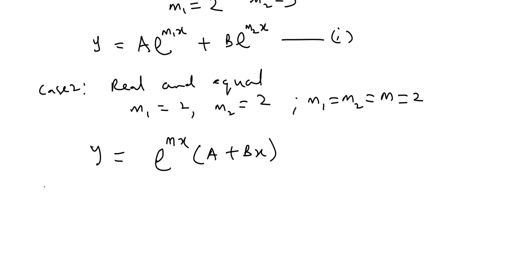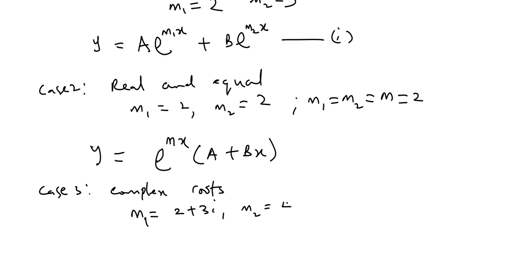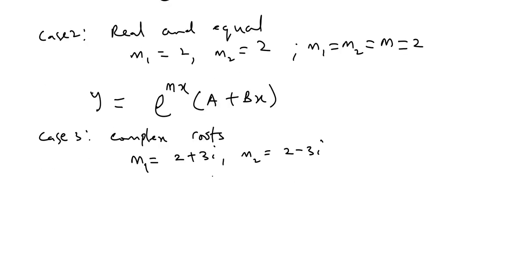The case 3 that you can have when you solve the auxiliary equation is that the roots are complex roots, in the sense that m1 is maybe 2 plus 3i, and m2 is maybe 2 minus 3i. They are different, but they are complex.